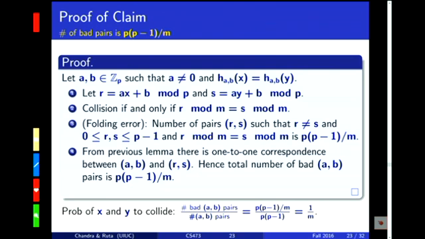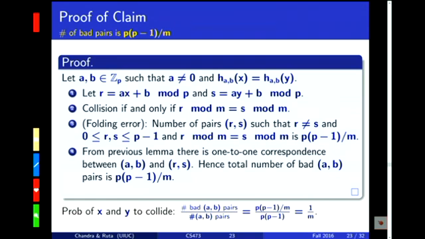In the entire proof, I just counted bad RS, bad meaning R mod M equals S mod M. How many such bad pairs are there? But that's not picking the function, right? RS is generated by the function. But we already established one-to-one correspondence between RS and AB.